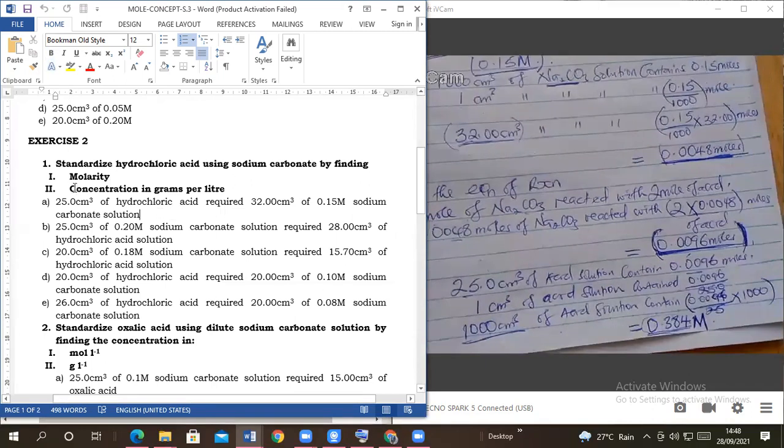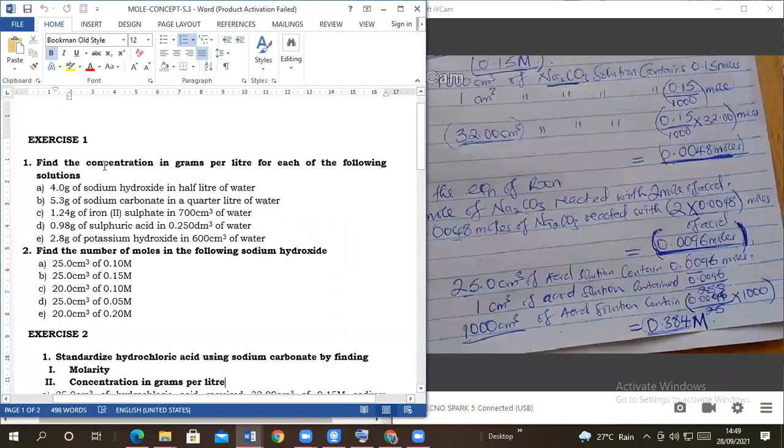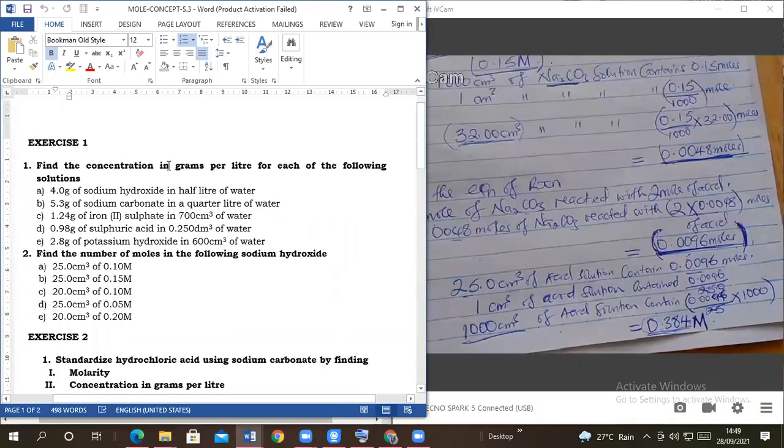Question 2 is saying, find the concentration in grams per liter. When you look at our part 1, they were telling us to find the concentration in grams per liter. 4.0 grams in half a liter. Now, you have the answer in molarity.